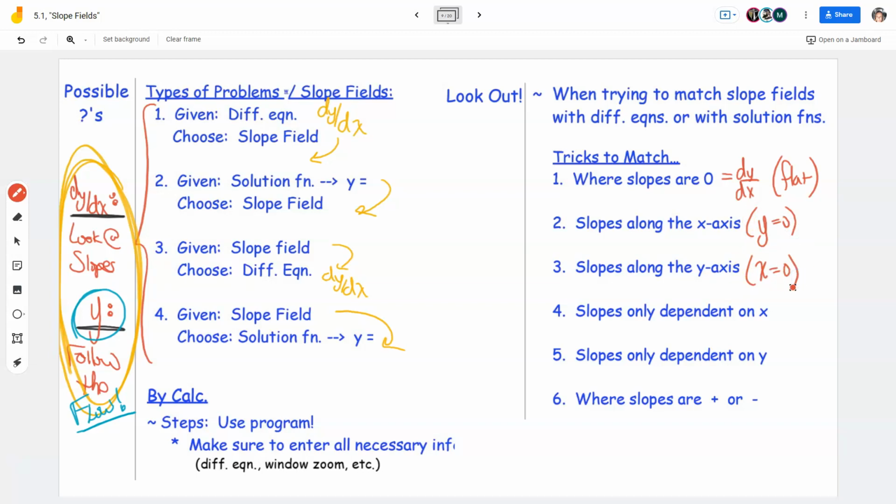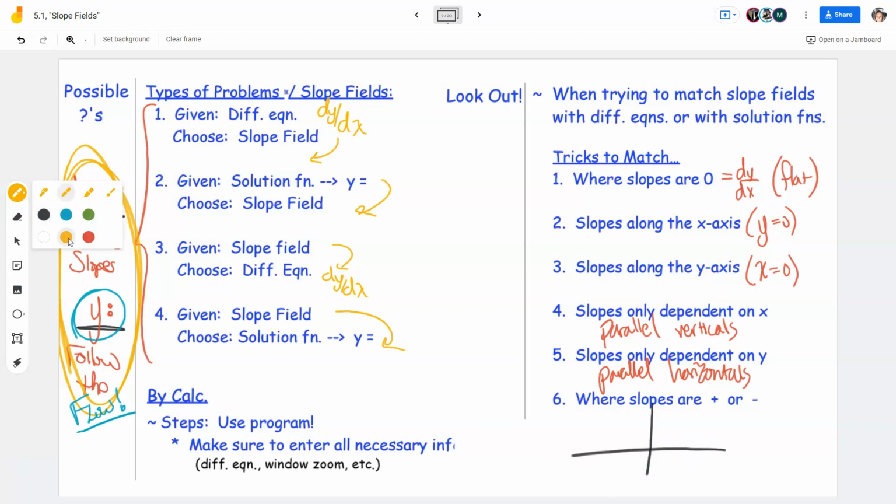If I have dy dx's that only have x's, we're going to have parallel verticals, whereas only dependent on y would be parallel horizontals.